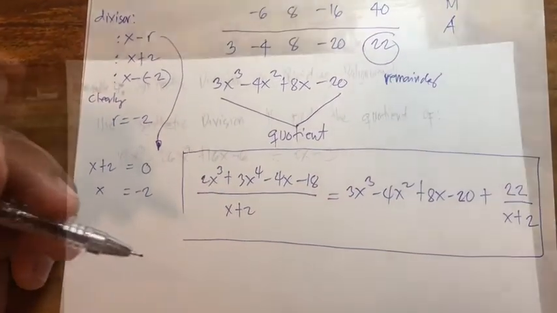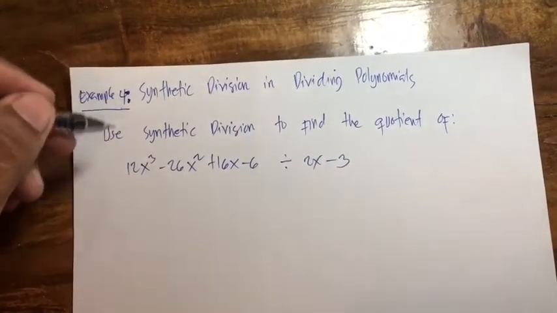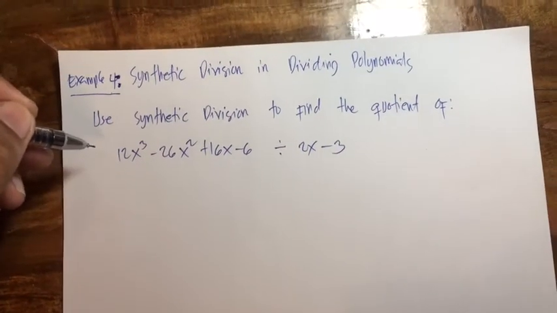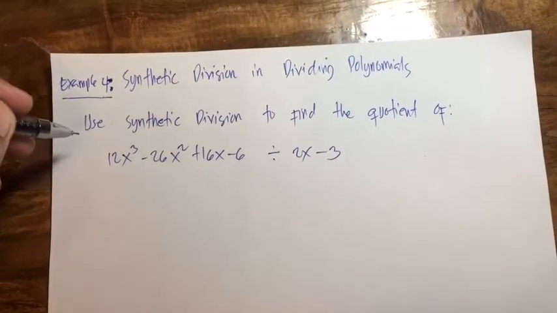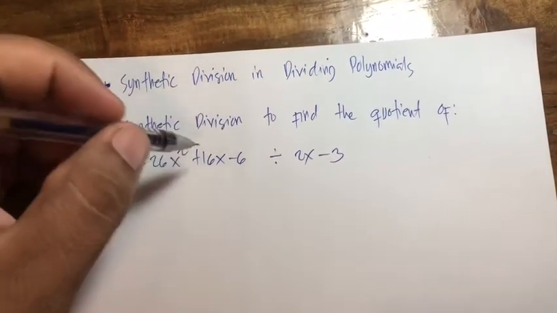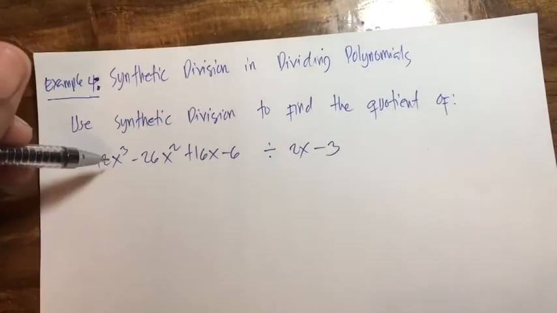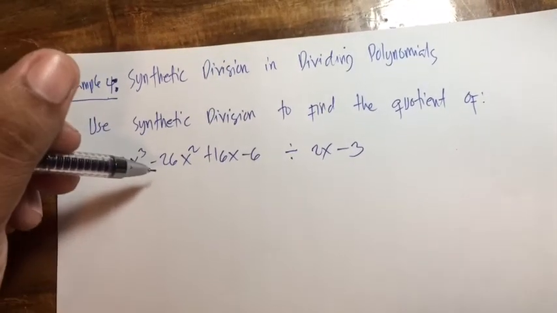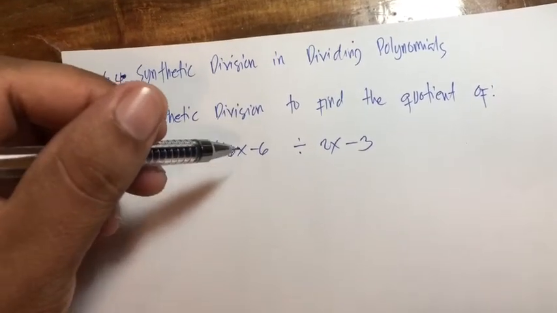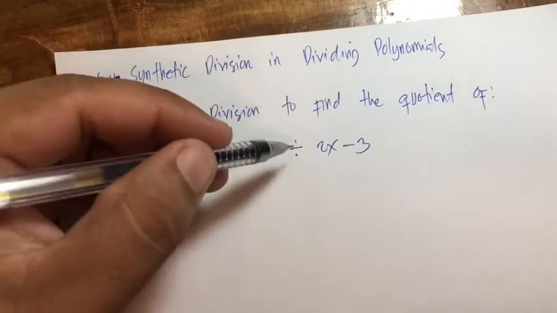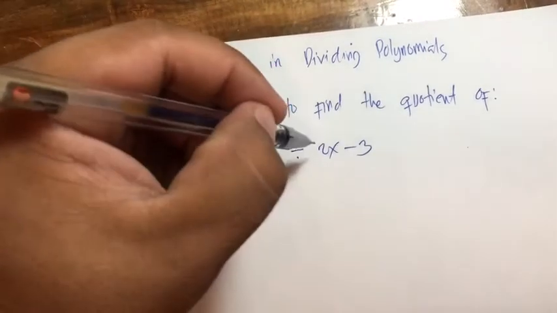Okay, example number 4. Mind you, this is an exciting one. Our direction is use synthetic division to find the quotient of 12x cubed minus 26x squared plus 16x minus 6 divided by 2x minus 3.